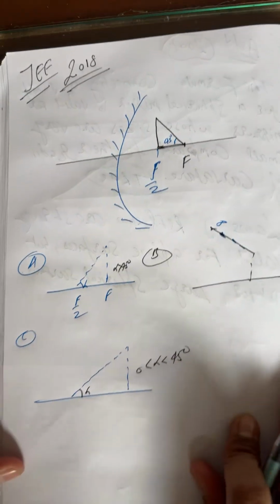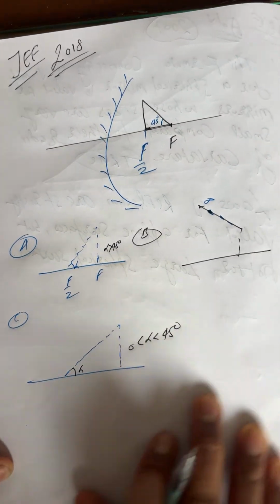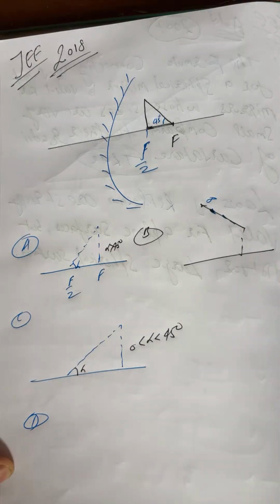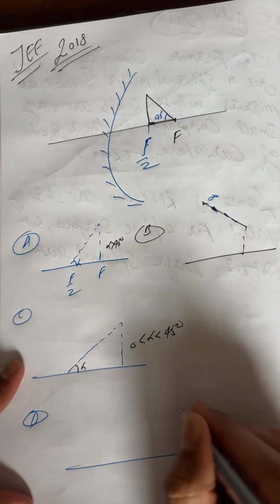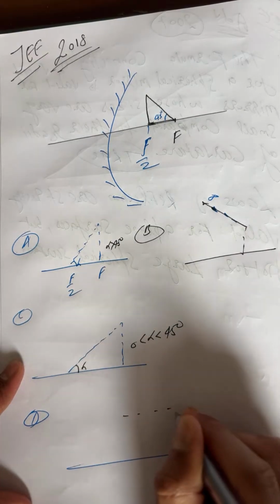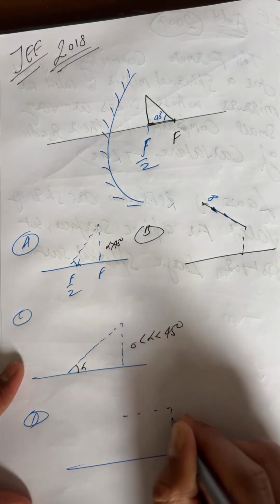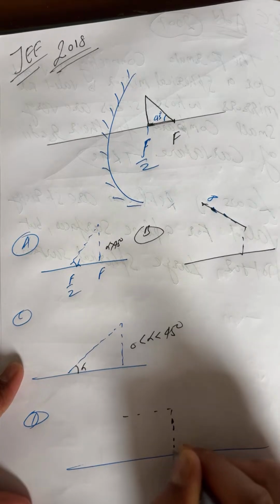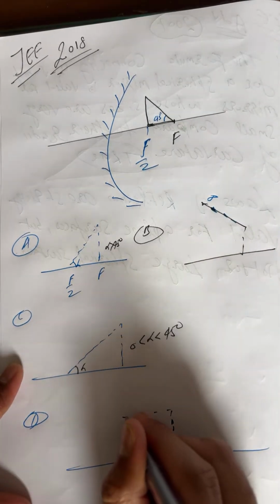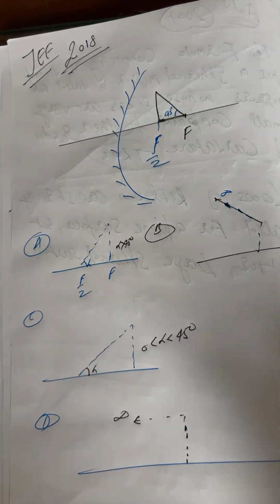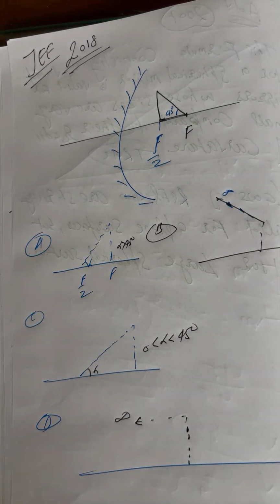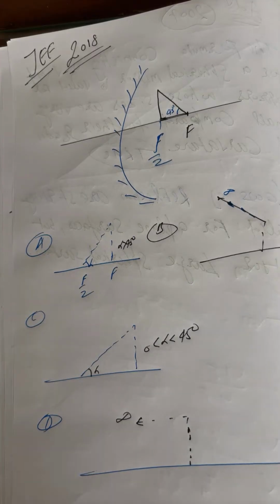The last option here, that is D. So this is the condition, students. Right. So this is what? Infinity.